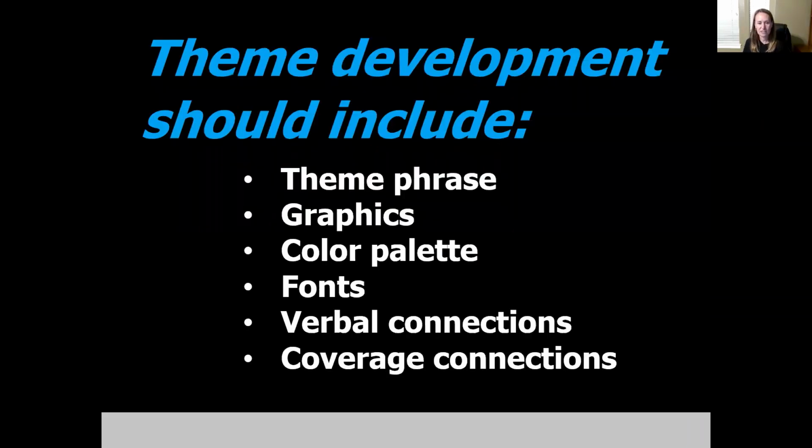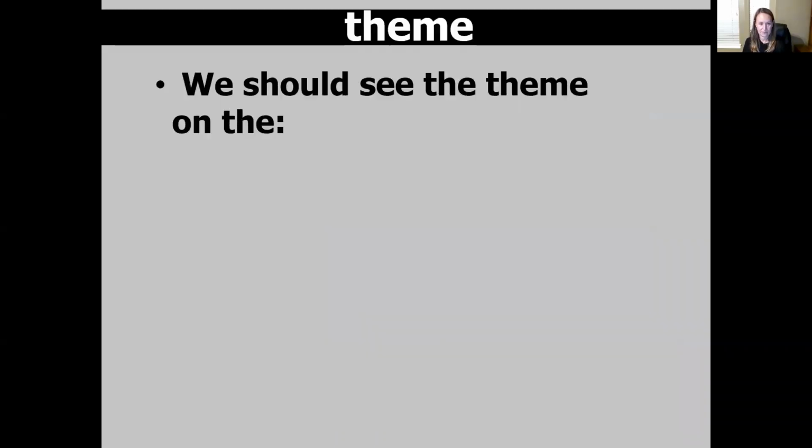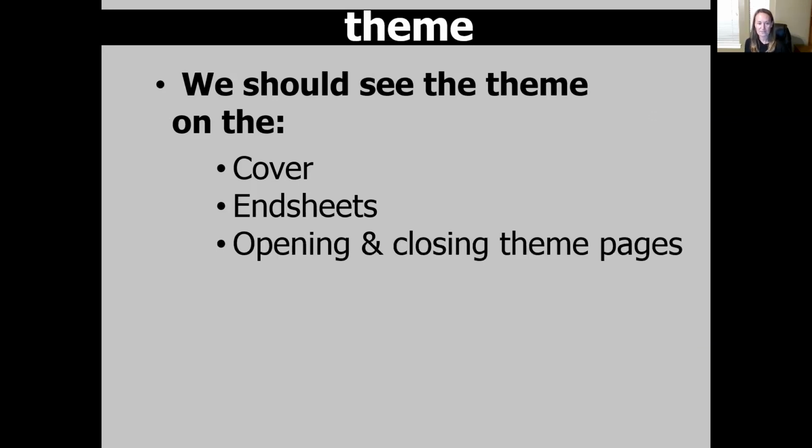Your theme development should include a theme phrase, graphics, your color palette, fonts, verbal connections throughout your book, and coverage connections in the pages of your yearbook. We should see the theme on the cover, most importantly, the end sheets, which when you open a yearbook, are the first two pages that you see that attach the cover to the inside pages of the book.